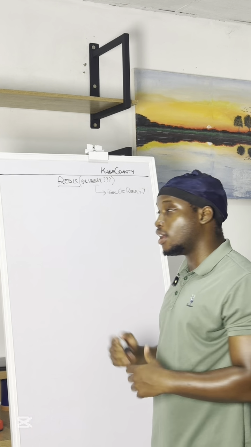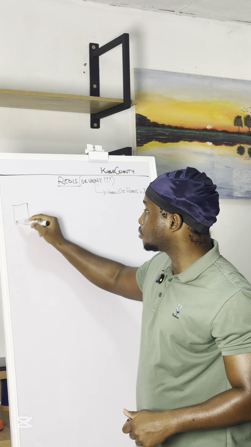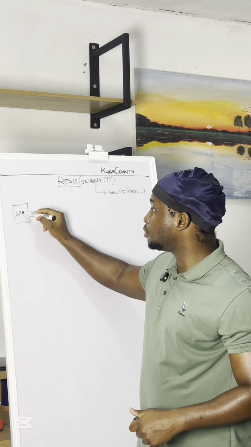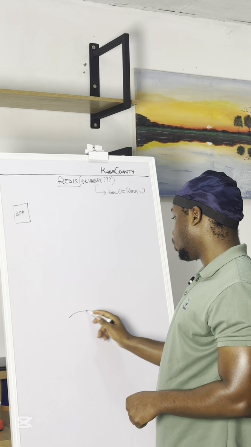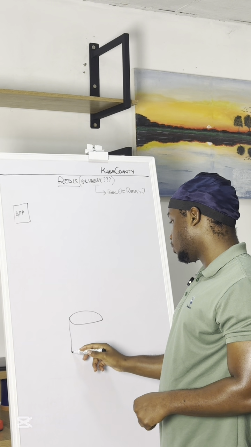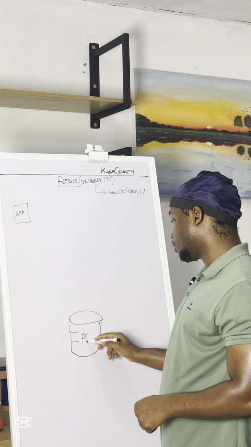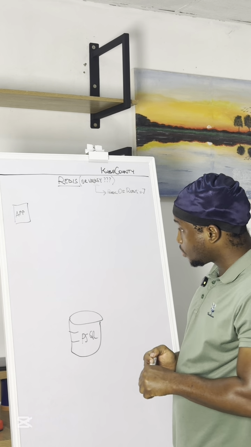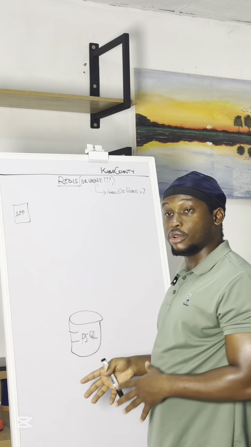Okay. So if you have your application, this is your app, it's making you a lot of money, and you have your database. Say you have Postgres, right? Your application wants to make a request to Postgres.